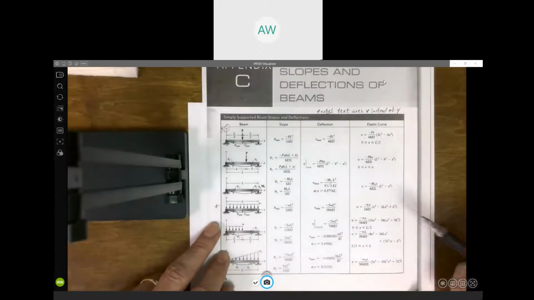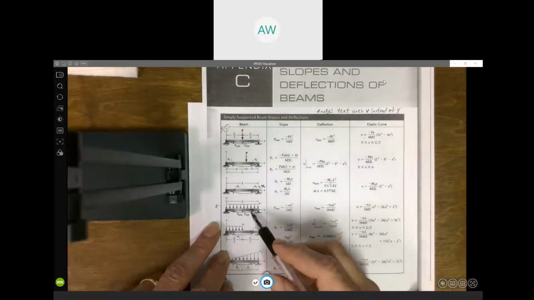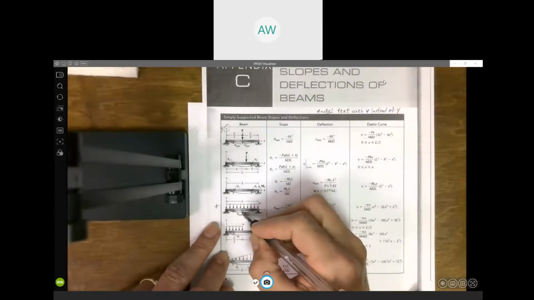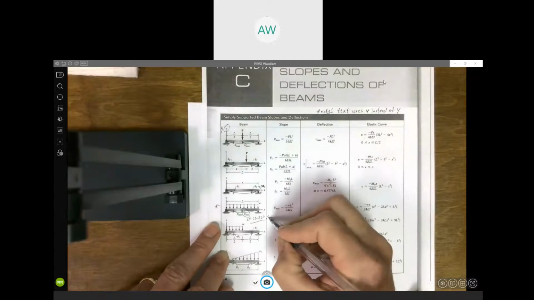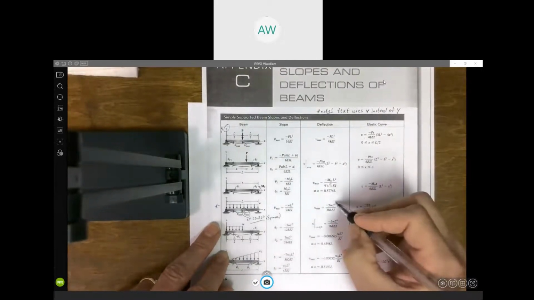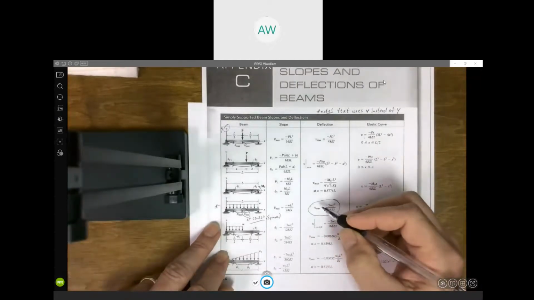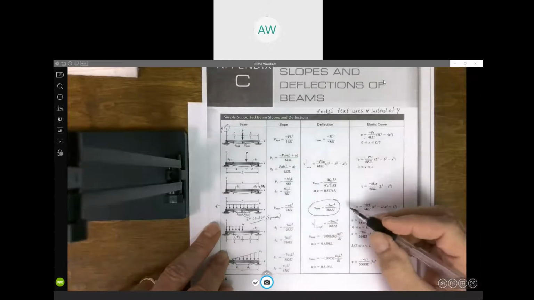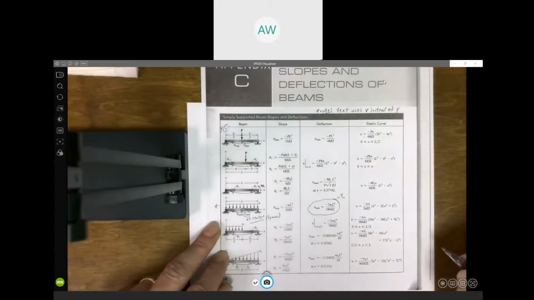And due to symmetry here, our maximum displacement is going to be at the center. Again, this is due to symmetry. So this formula that we have here for Vmax, or I call it Ymax, is the deflection, the displacement at the center.